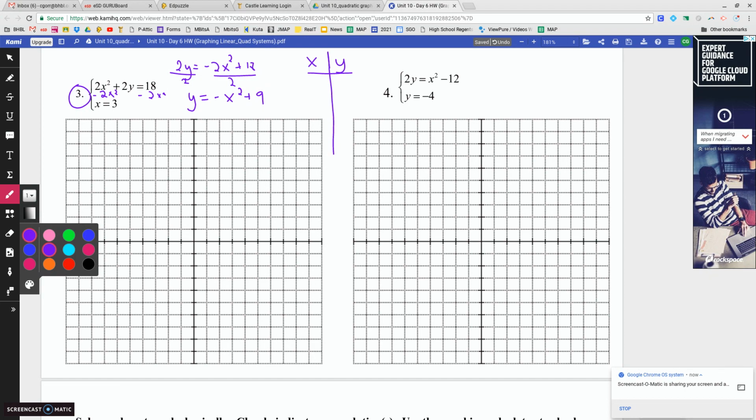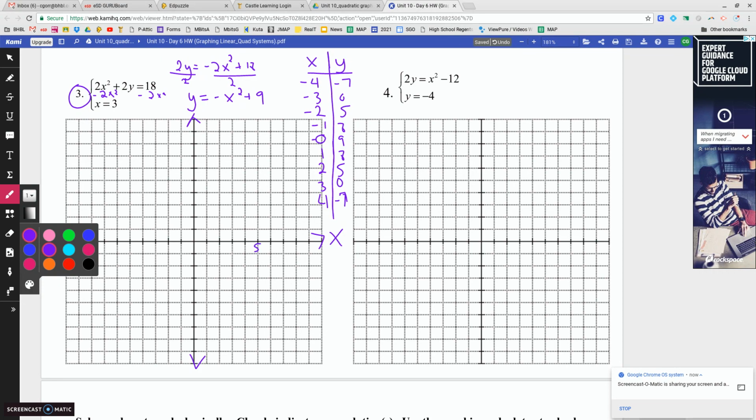So in my table, I want to go from negative 4, that's a negative 4 squared, so it's going to go from negative 4, negative 7, negative 3, 0, negative 2, 5, negative 1, 8, 0, 9, 1, 8, 2, 5, 3, 0, and 4, negative 7. And I'm including so many values because I'm looking for my graph to have a nice shape to it, and having more values is going to be helpful to me.